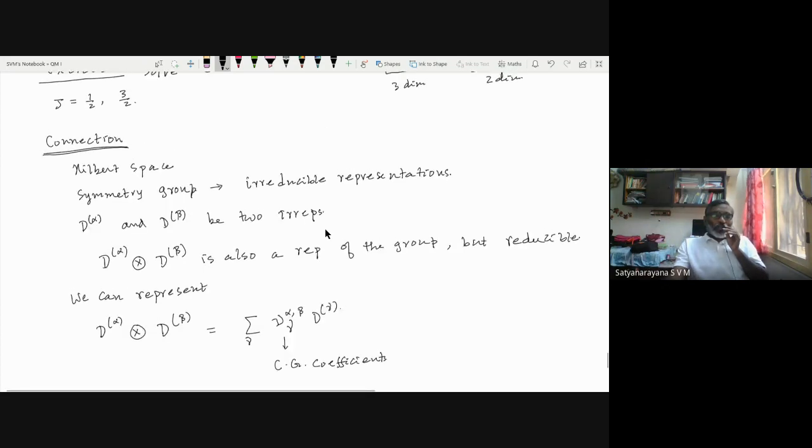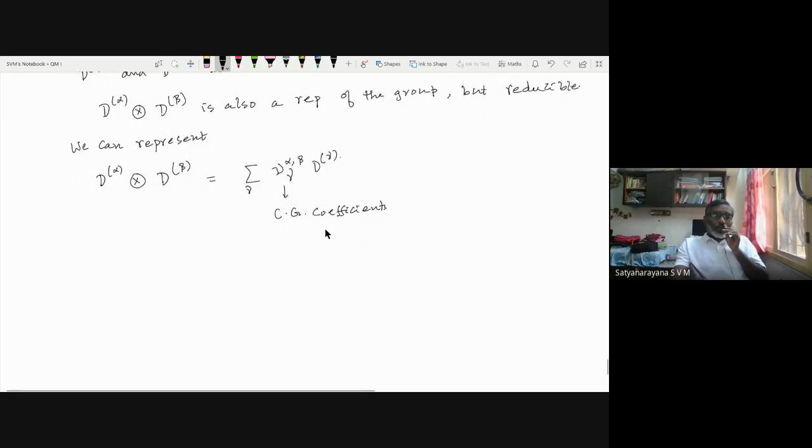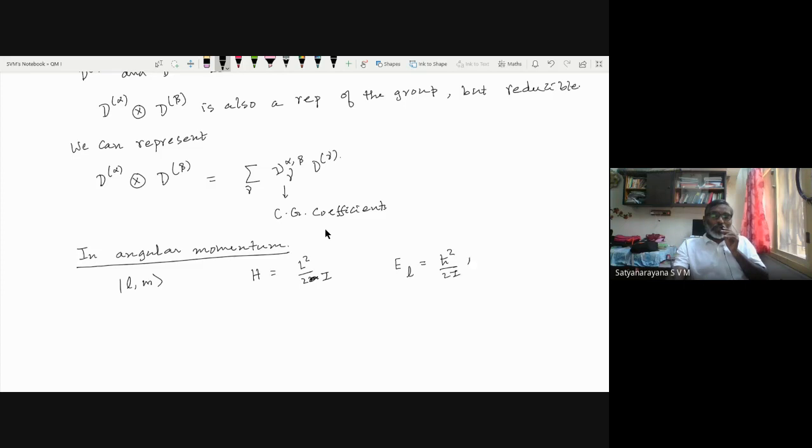Now notice that in an angular momentum setting, if you take your L comma M, and a Hamiltonian like L square by 2m or L square by 2I, a particle on a sphere or a rigid rotor, some kind of system like this, then the energy eigenvalues will depend only on L. That is h bar square by 2I into L into L plus 1.